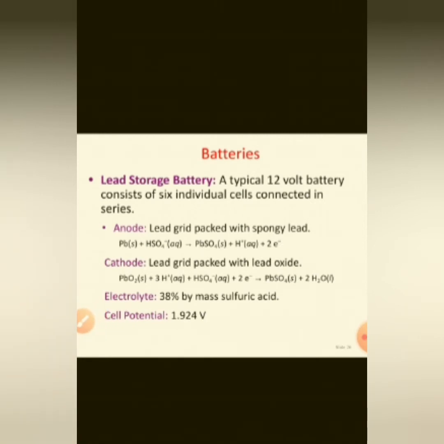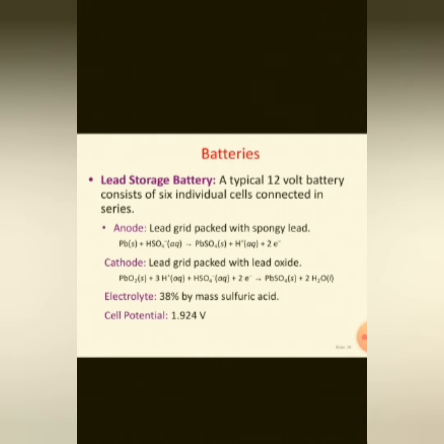Primarily, batteries can be classified into two main categories: primary batteries and secondary batteries. Primary batteries cannot be reused after use, and secondary batteries can be reused again and again.